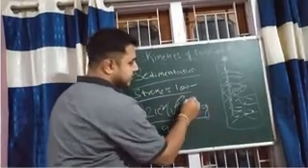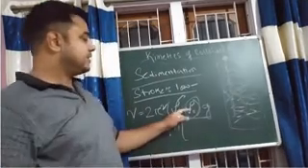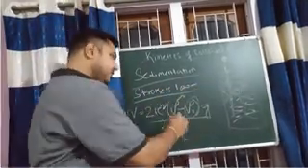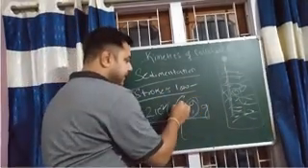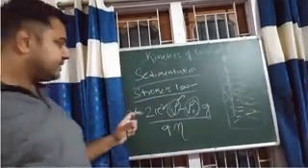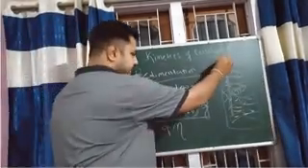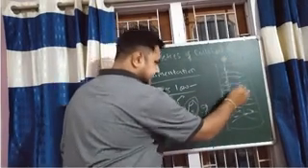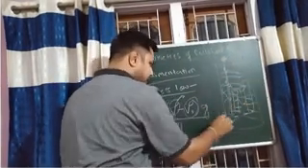G is the specific gravity, rho is the specific density of the sphere, and rho naught is the specific density of the medium.